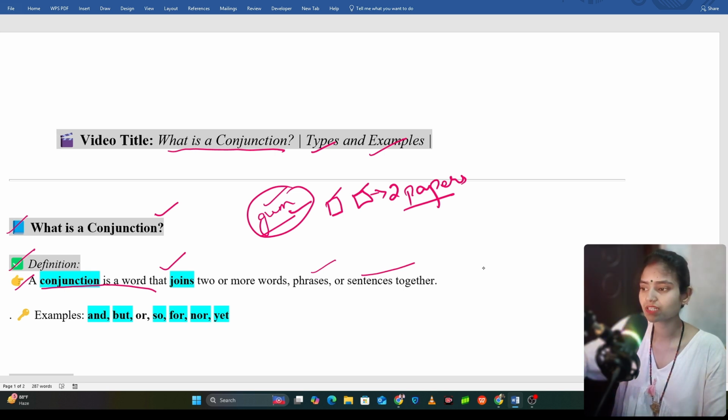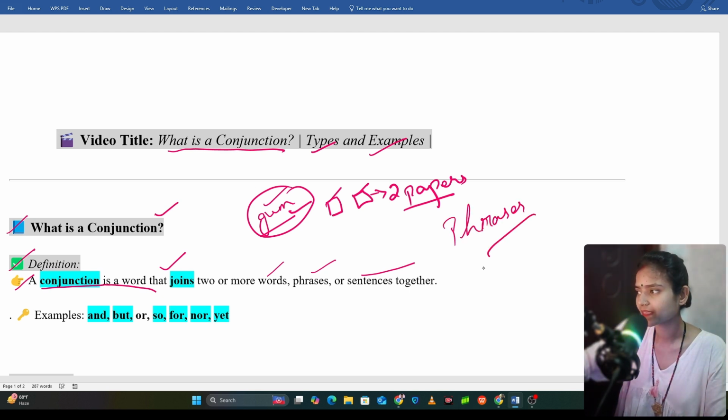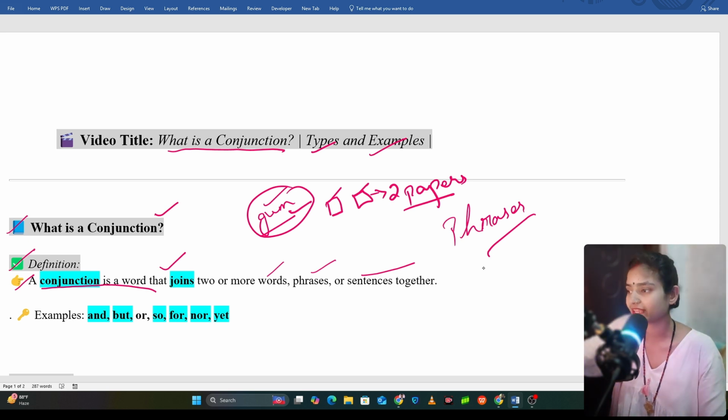You know what words are. Now what are phrases? A phrase is a group of words that doesn't make a complete sense. That is called a phrase.